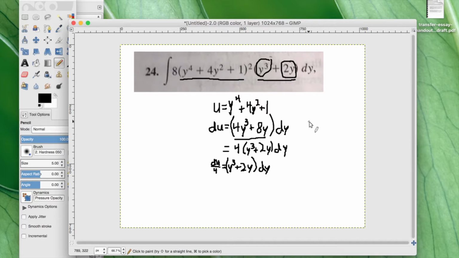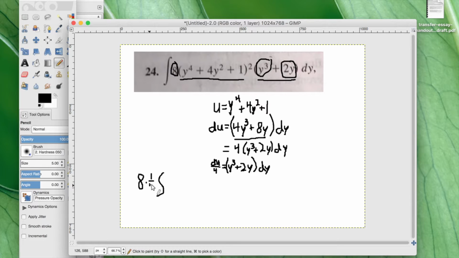So how are we going to solve this integral? It's actually pretty simple. As you can see, we have a constant over here, 8, and all constants can go outside of the integral. Then we can multiply this constant by 1/4, because when we divide du by 4, we essentially put 1/4 outside of the integral.